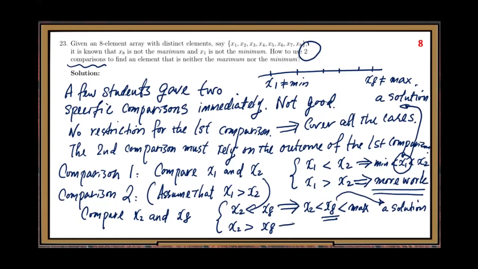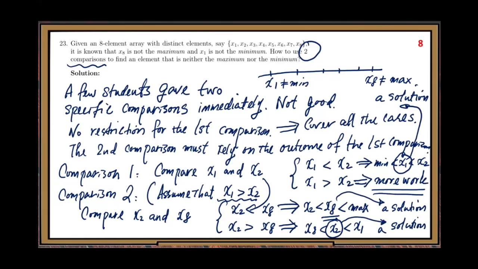Otherwise, if x2 is greater than x8, then remember we have the assumption, so we look at x2. x2 is greater than x8 and x2 is also less than x1, so x2 in this case is a solution. And we cover all the cases.